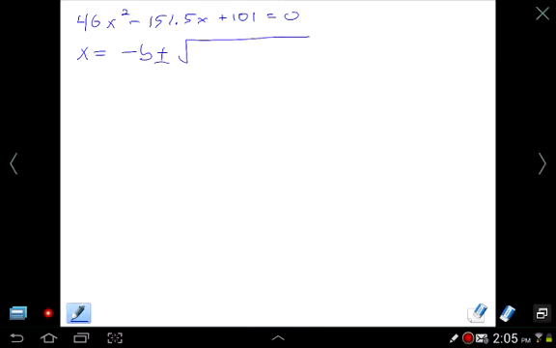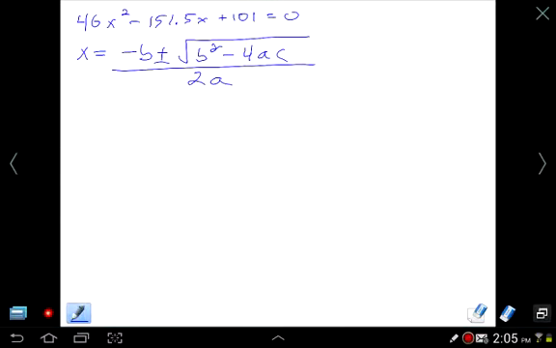So rewriting what we just had, we had 46.5x squared minus 151.5x plus 101 equals 0. Now, if you recall, the quadratic equation requires us to use a formula, the quadratic formula, and that formula looked something like this. x is equal to negative b plus or minus the square root of b squared minus 4ac, all over 2a.